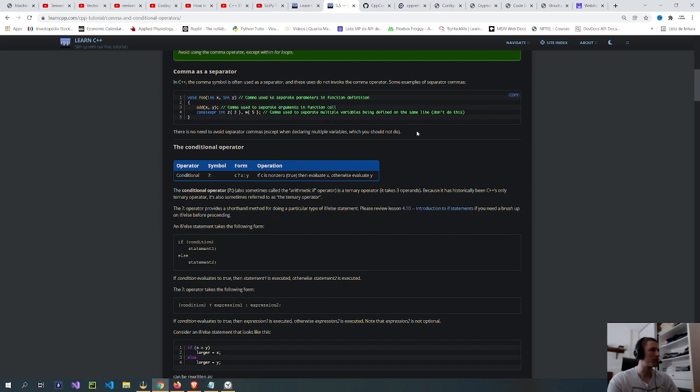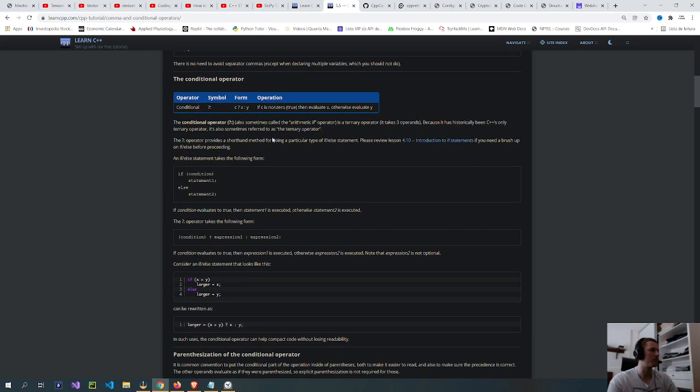Comma used to separate multiple variables being defined on the same line. Don't do this. So this is not recommended. There is no need to avoid separator commas except when declaring multiple variables, which you should not do.